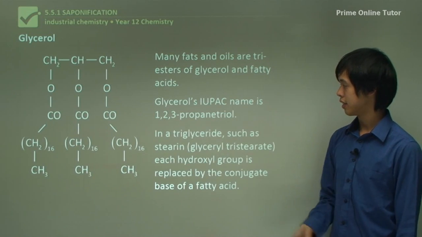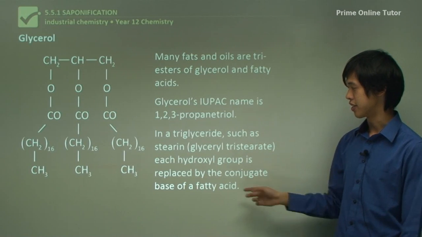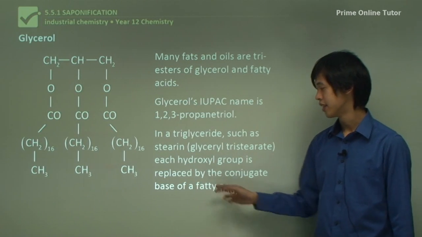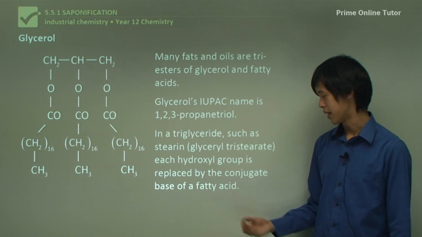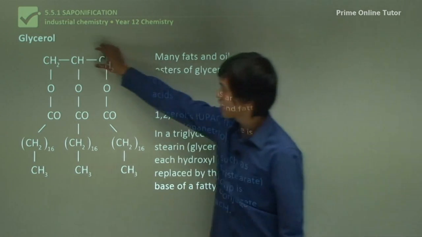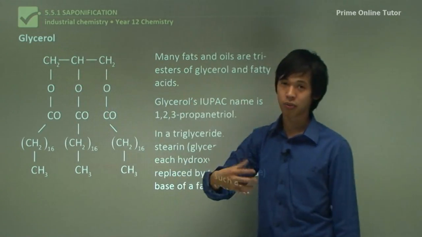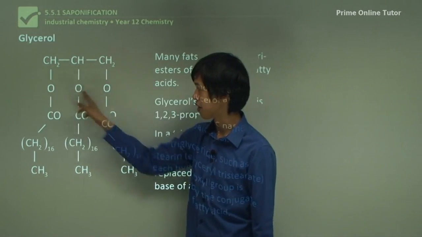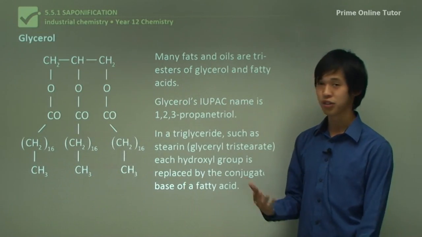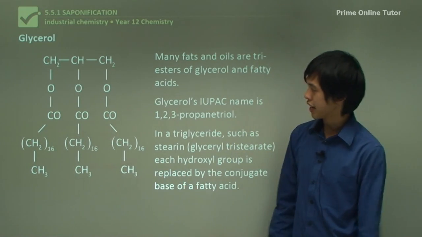In a triglyceride such as stearin, which is this molecule, or glycerol tristearate, each hydroxyl group is replaced by the conjugate base of a fatty acid. You can see this is the glycerol group at the top, but what we had was OHs, and now they're replaced by this O. This whole section here is just the conjugate base of a very long fatty acid, and that's why it's an ester.